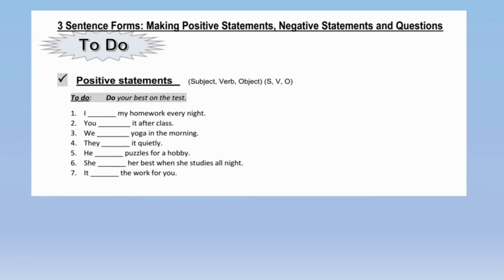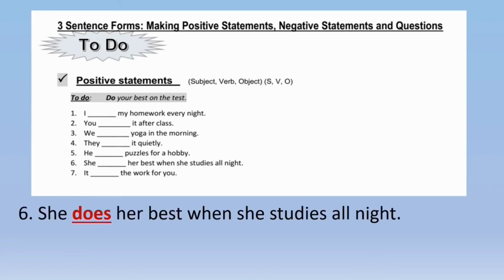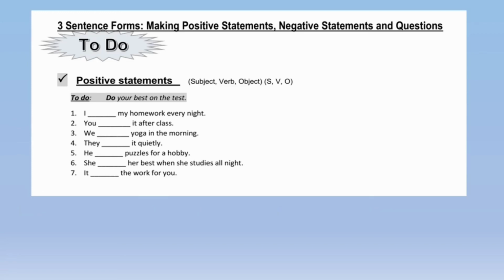She momo her best when she studies all night. She does her best when she studies all night. Number 7. It momo the work for you. It does the work for you.